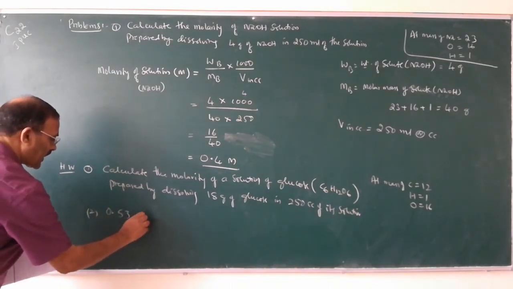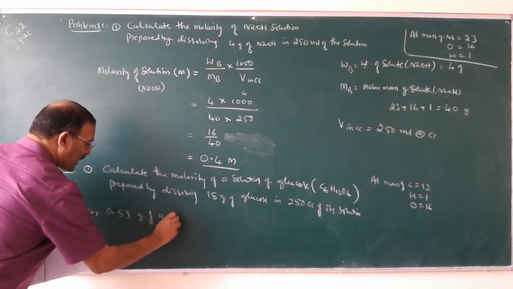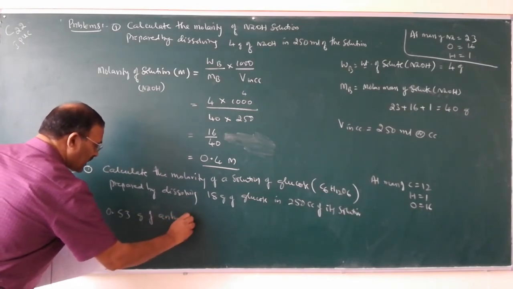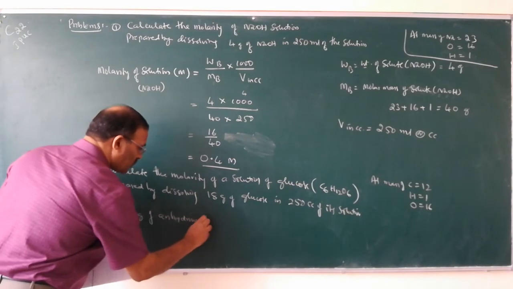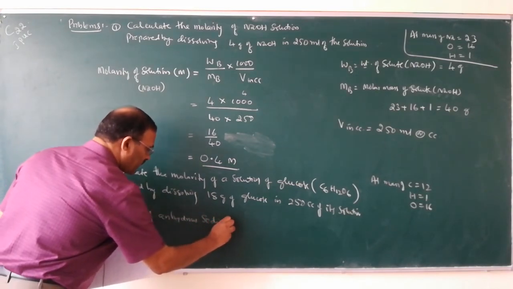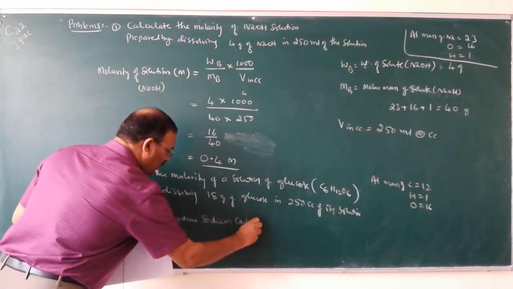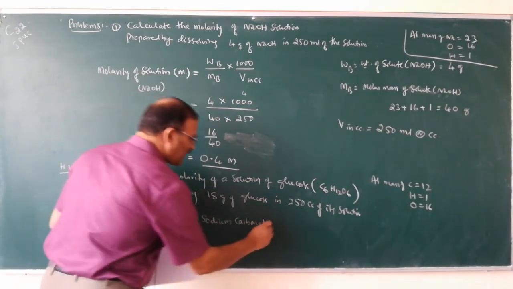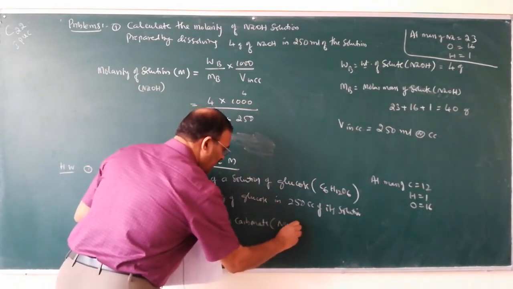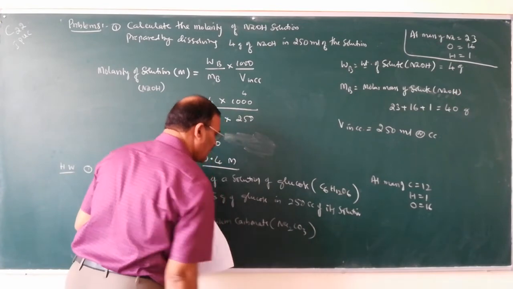0.53 gram of anhydrous sodium carbonate. What is the formula of sodium carbonate? Na2CO3.